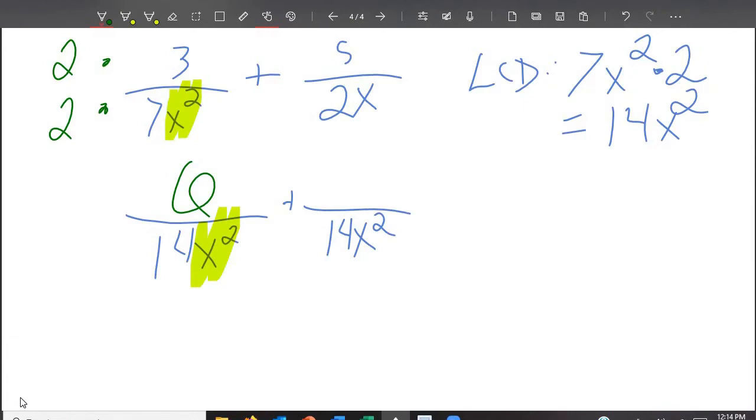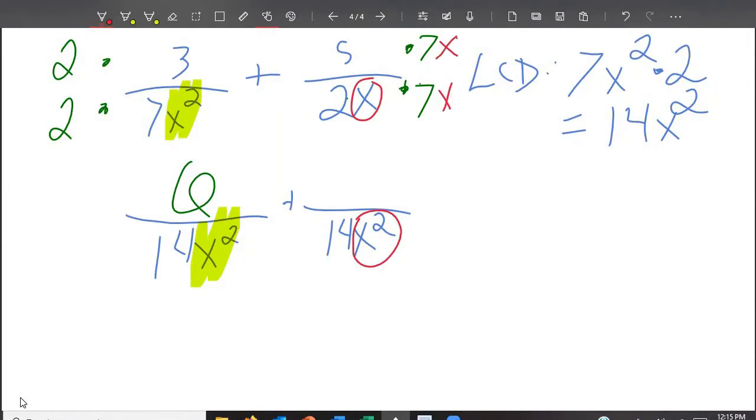Now over here, we have to do a couple extra things. First, we look at the 2 and the 14. We have to multiply by 7, top and bottom. Now, notice I had 1x here. Let me circle it. There was 1x. Now it's 2 x's. So I'm going to need another x.